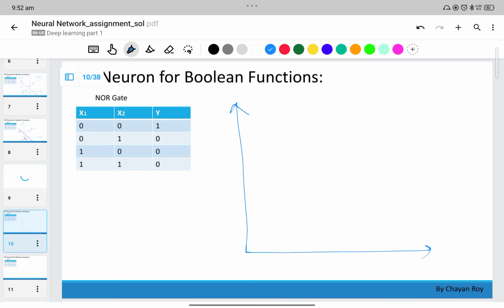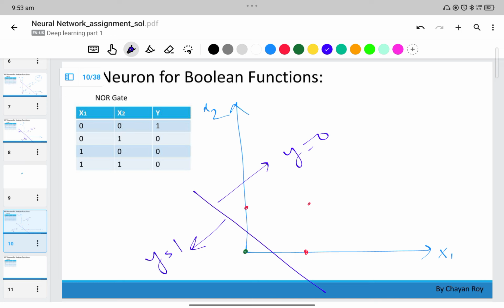And for the NAND gate, let's say this is our axis x1, x2. We have 0 0 as 1, 1 1 as 0. This one is 0, this one is also 0. So as we can see, this is linearly separable data. We can separate with this decision boundary. Above this, we can say y equals to 0. Below this, we can say y equals to 1.